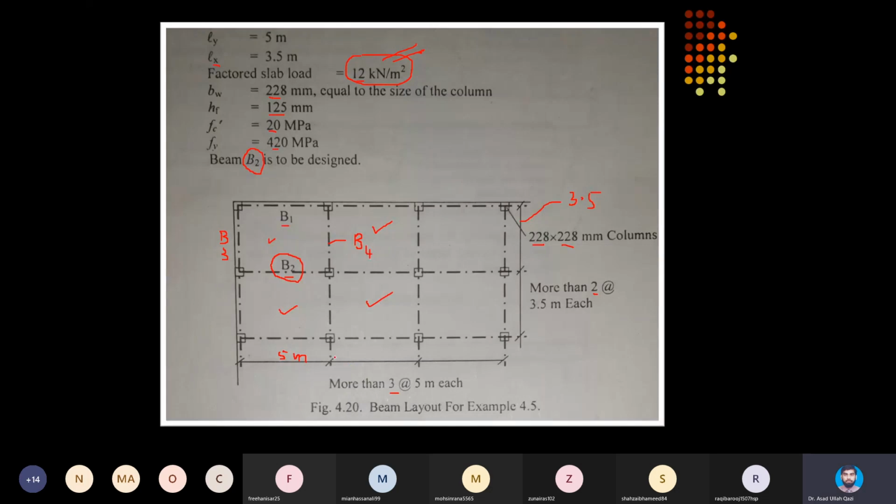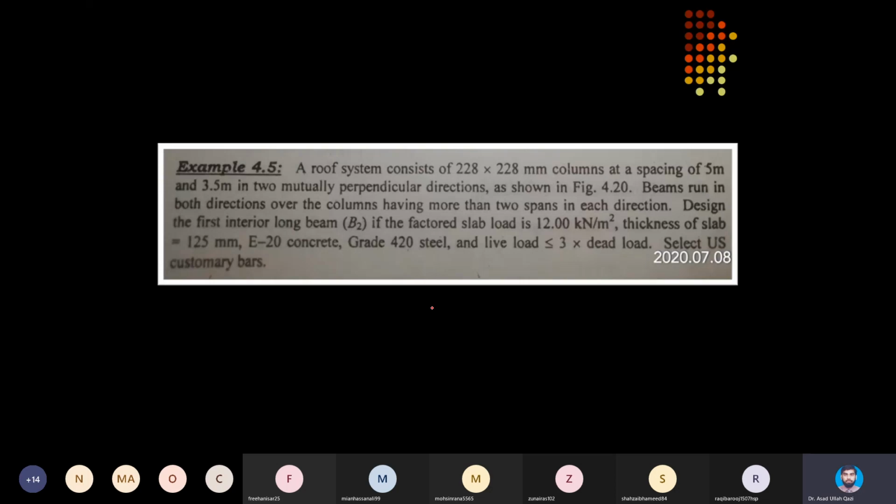It is further mentioned in the statement that the service live load over service dead load ratio is maximum equal to or less than 3. So this is one hint given to you that you are allowed to check the limitations of ACI moment and shear coefficients.